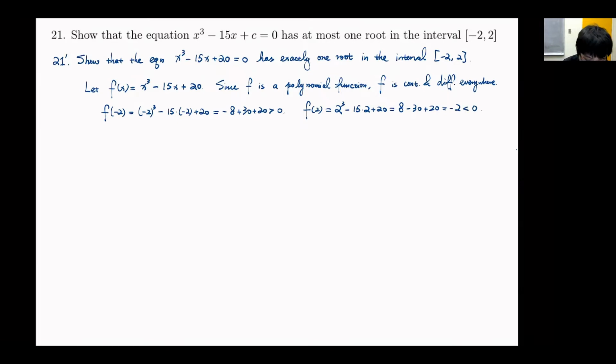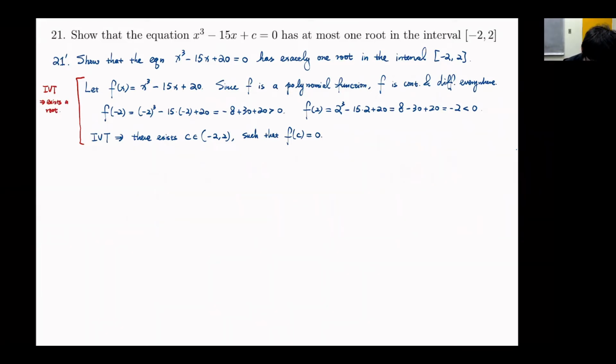Then the intermediate value theorem applies to conclude that there exists a c sitting between minus 2 and 2, such that f of c equals 0. All right, so this concludes the first part, that we located one real root for this equation. This is the IVT argument showing that a root exists.